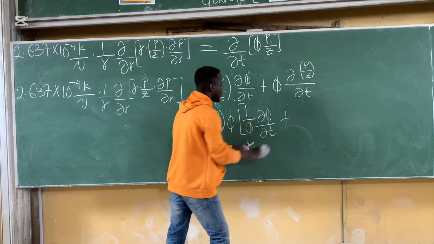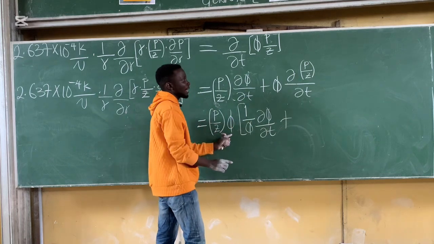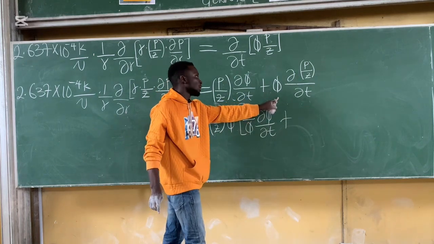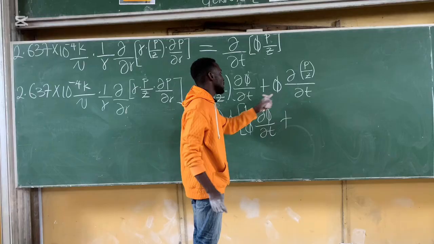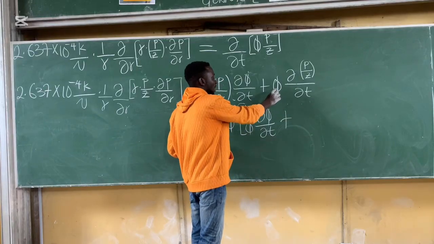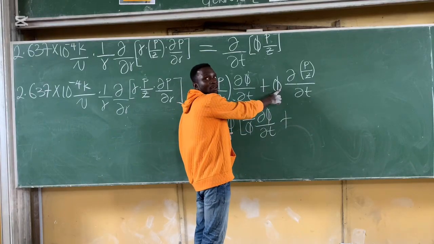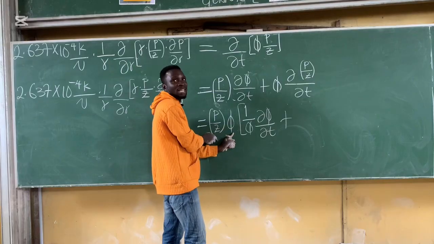Also, factor out p over z phi from this expression. If you look at this expression here, there's no P over Z, but there's phi. If you factor out phi, you'll be left with 1. Factor out P over Z since it's not here.